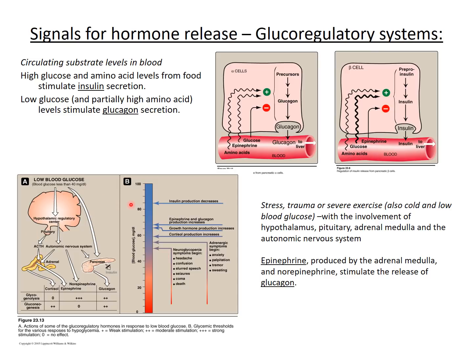Now, this is a little figure that you may want to remember later. The low blood glucose will send a signal through the hypothalamic-pituitary regulatory system, through the autonomic nervous system that will release norepinephrine, or through the pituitary ACTH adrenal system, which will produce epinephrine and also release cortisol for us.